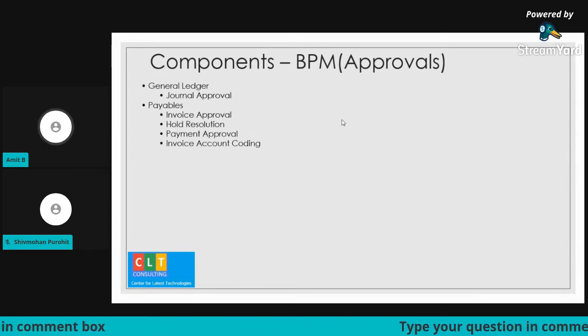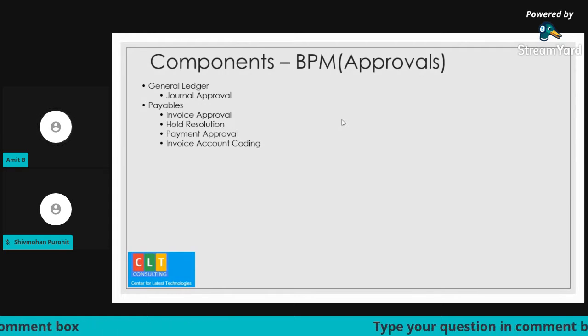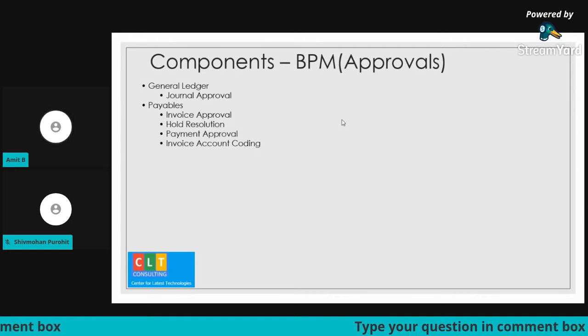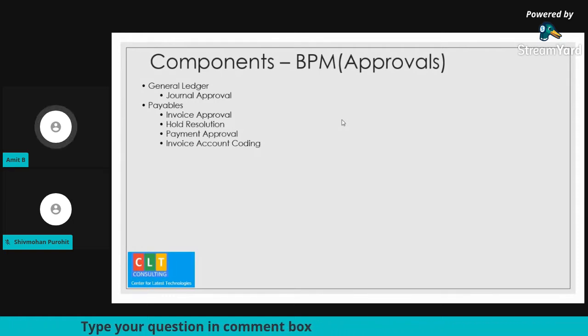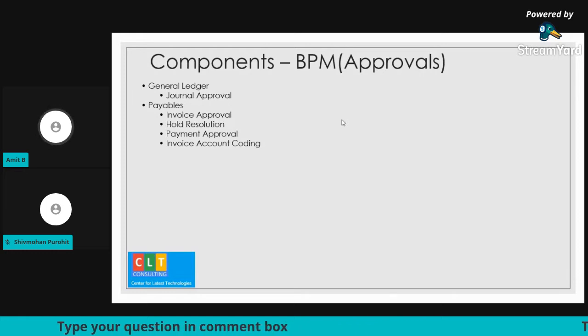So you have hold resolution approval, where if there is any system hold on any payables invoice, then you can have approval for that as well. If you want, you can set up in the system a group of approvers who can resolve that hold for the invoice.